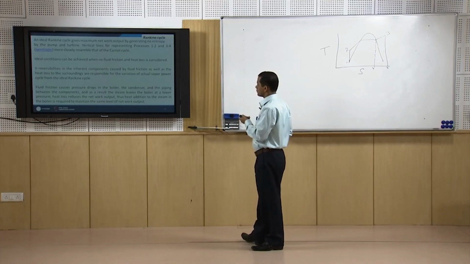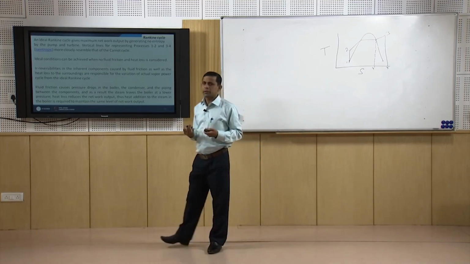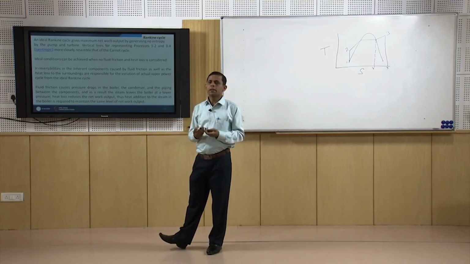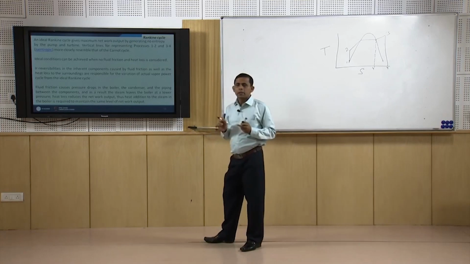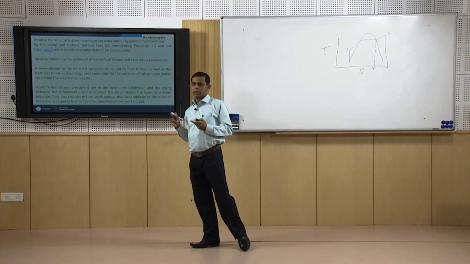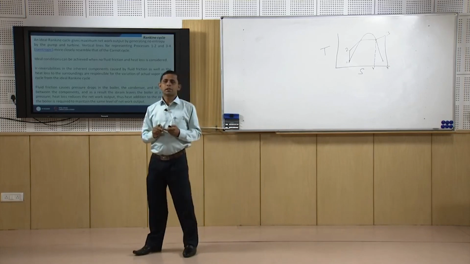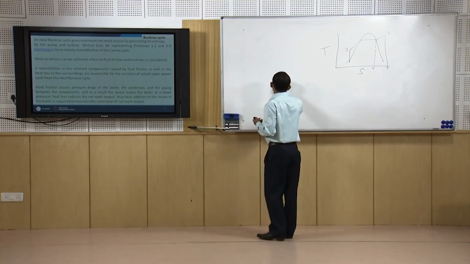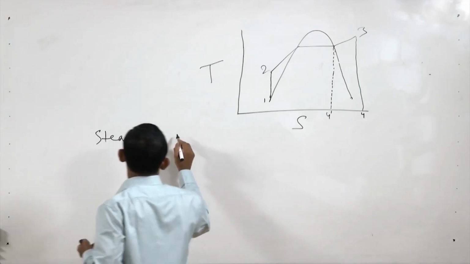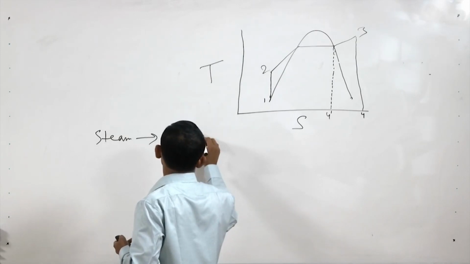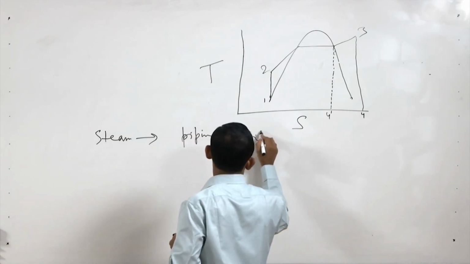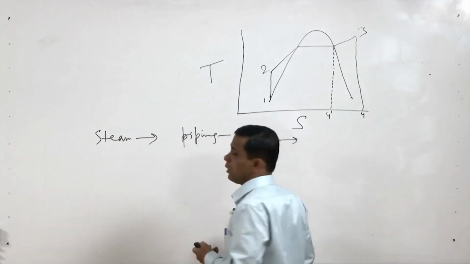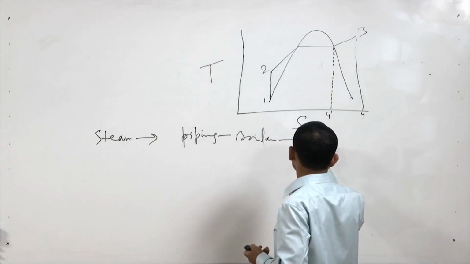Now, we see why the ideal condition is not achievable and we do not get the efficiency of the ideal Rankine cycle: there are heat losses in the processes as well as friction losses. Due to friction, when the steam is flowing through piping or in the boiler, that will produce losses.